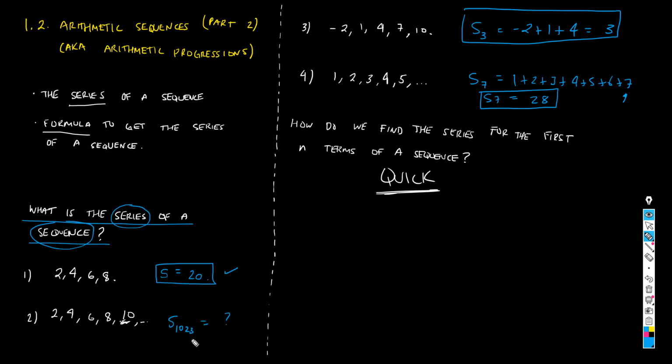Okay, what's the series of the first 1023 terms for this particular sequence? You're not gonna do that by hand. It's gonna take you a lot of time, and probably you're gonna make a mistake. So can we come up with a formula to do this calculation very quick? The answer is yes. And that's what we're gonna do right now.